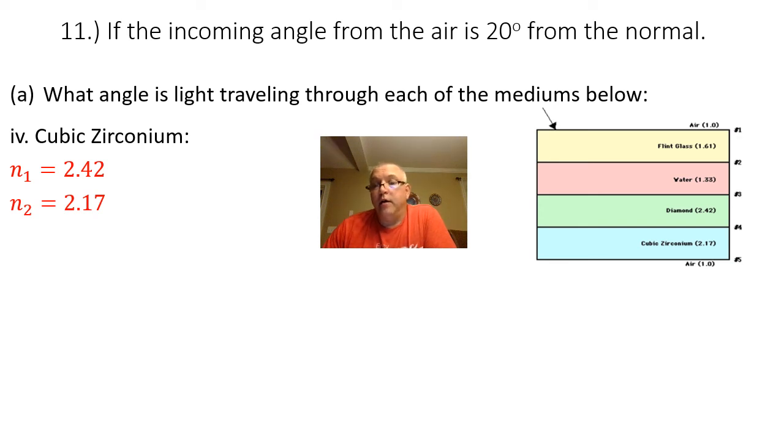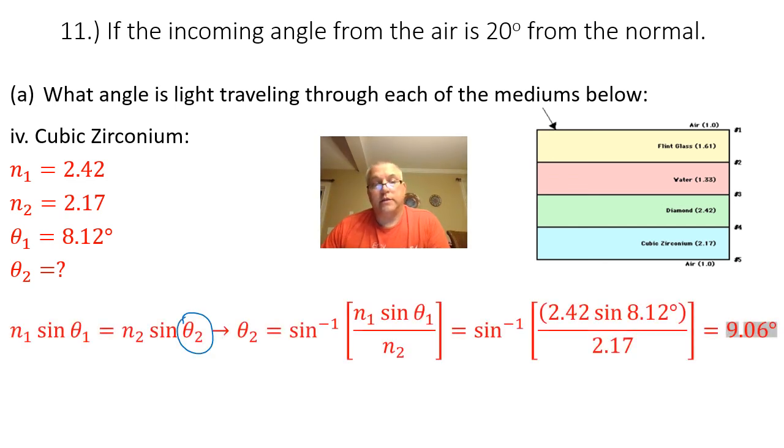My angle of incidence going from the diamond to the cubic zirconia is equal to the angle of refraction going from the water to the diamond, and that was 8.12 degrees. We are once again solving for the angle of refraction, theta 2. Going back to our faithful Snell's law, once again solving for theta 2 as we've been doing all along. Putting all of my variables into this equation will give me an angle of refraction of 9.06 degrees into the cubic zirconia.